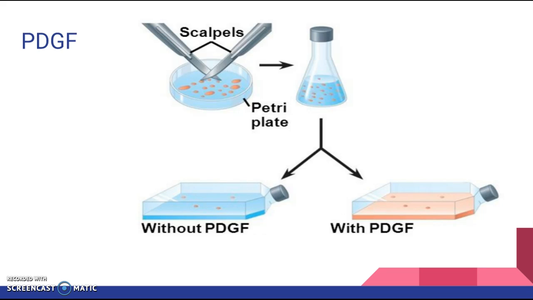So here we have this little experiment with the tissues in the Petri dish, and the scalpels are cutting them up, but then they are suspended when they are broken down by proteins that were enzymes. And then here you can see that without the PDGF, the solution is still bluish, and with it, it is pink, so you can see that the growth is occurring there.